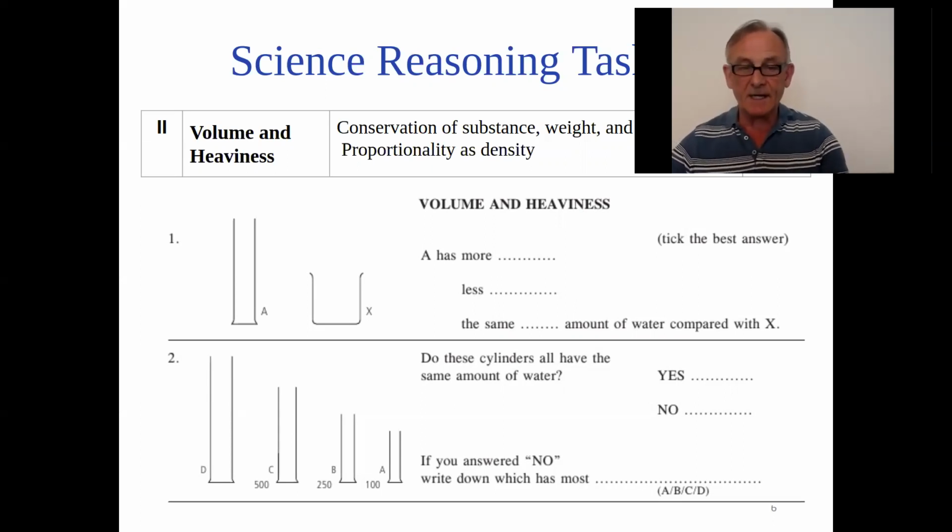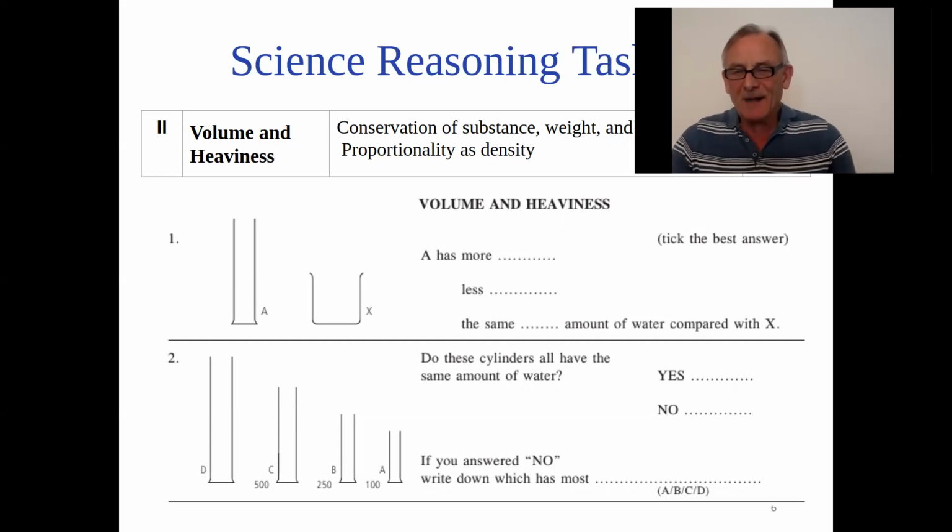As you can see in the diagram, we have different shape and size vessels, typical laboratory equipment. And you physically show them: I fill a graduated cylinder to 100 milliliters and pour it into A. Then I fill the same graduated cylinder to 100 milliliters and pour it into X.